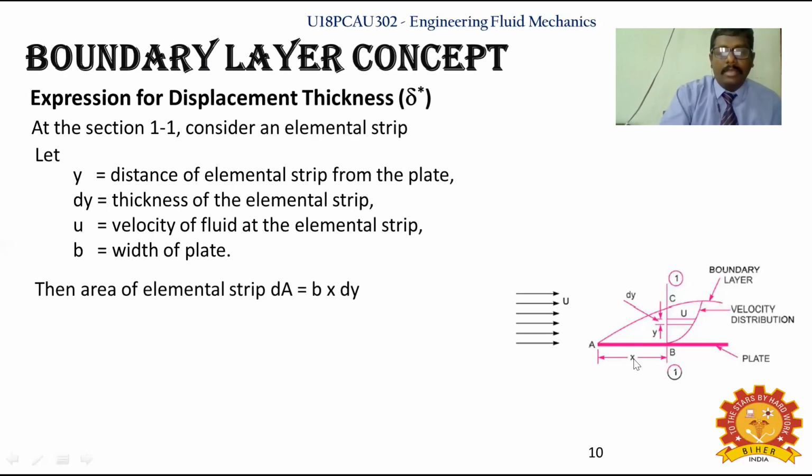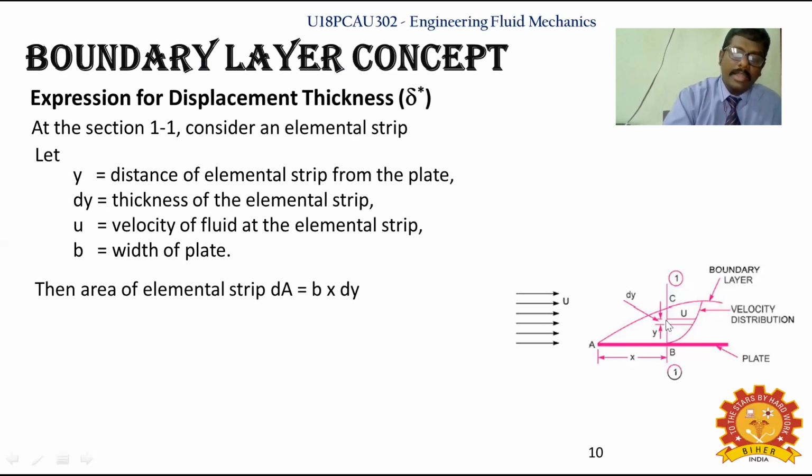So the area of the elemental strip: here you have dy, and in another view you will have the width. This only shows the thickness of the plate; in another side view you will have the width, in the other direction.